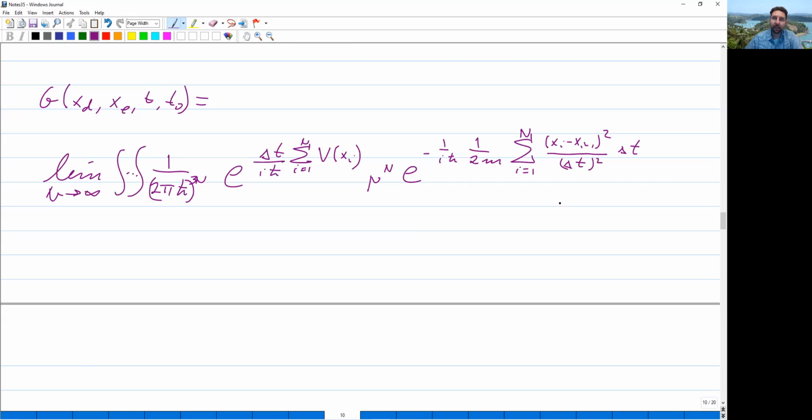Well, and then we still have the position integrations left over, d3x1 all the way to d3xn. You see, the beauty of this is that as n goes to infinity, and therefore delta t goes to 0, we get more and more terms, and these two become Riemann integrals.